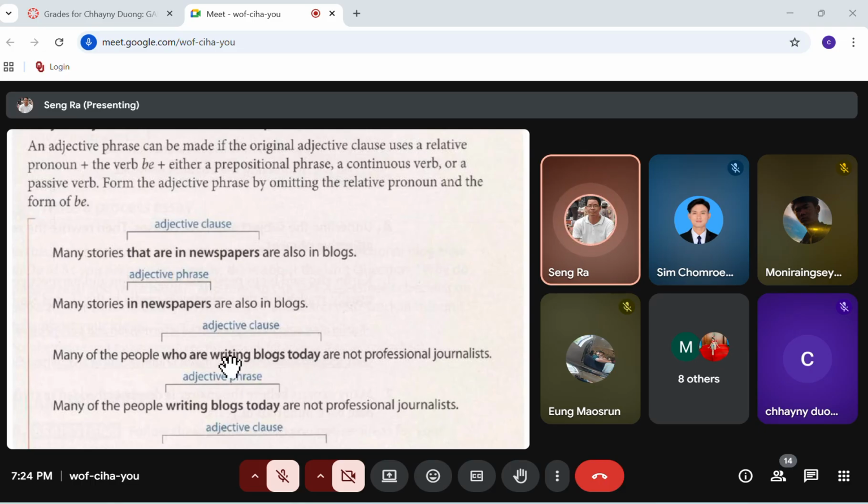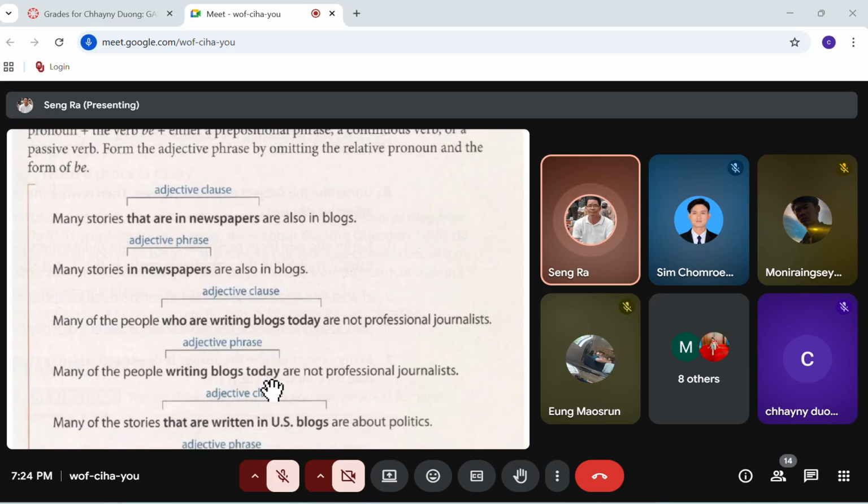If you want to make it short, if you want to reduce it to only an adjective phrase, because you want to avoid wordiness, I mean, too many words, you can use the structure here. Many of the people writing blogs today are not professional journalists. So here we reduce "who are writing blogs today" to "writing blogs today."